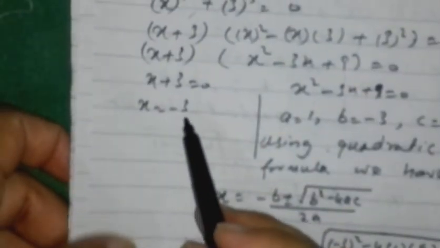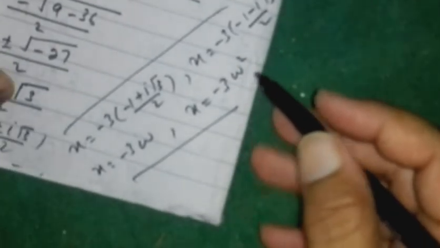Hence we get one root minus 3, the other minus 3 omega, and the other one minus 3 omega square. So the cube roots of minus 27 are minus 3, minus 3 omega and minus 3 omega square.